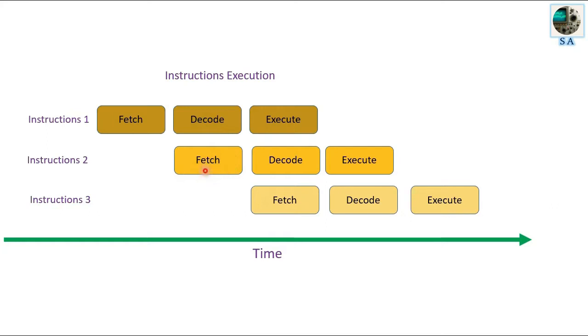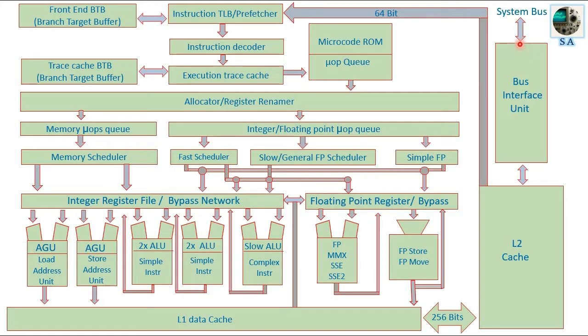By the time instruction 1 moves to the execute stage, instruction 2 moves to the decode stage, while instruction 3 at that moment enters the pipeline at the fetch stage, and so on. Very fast. Let's go through a few of these blocks.